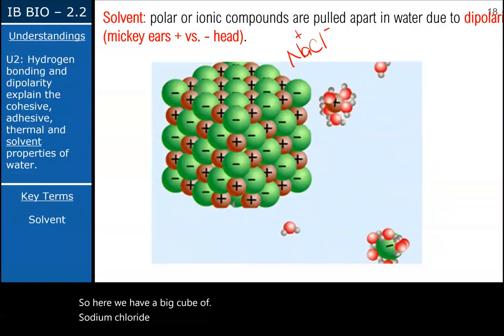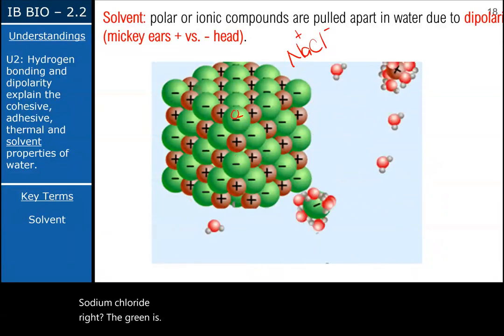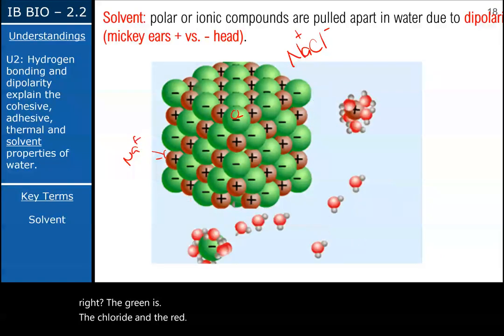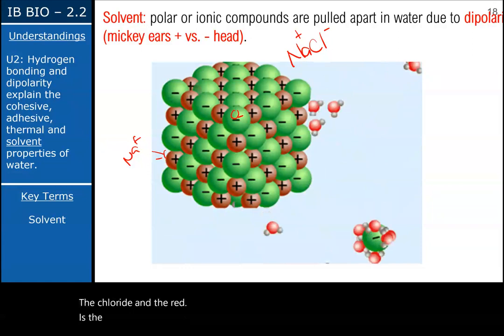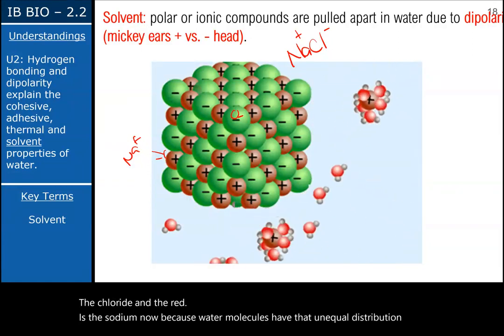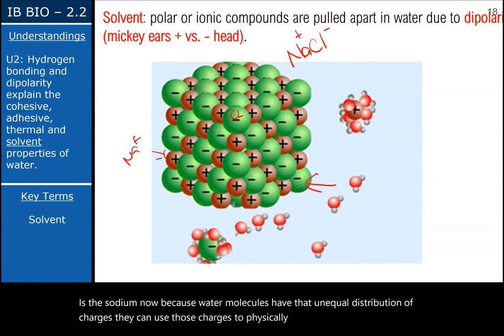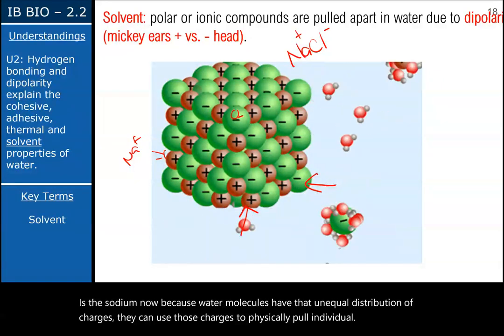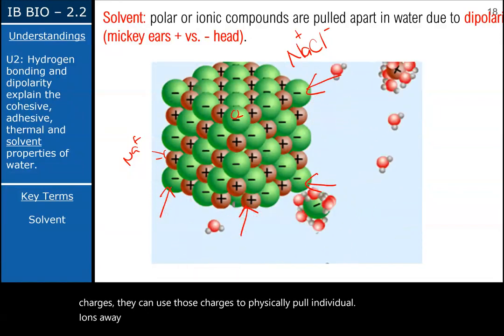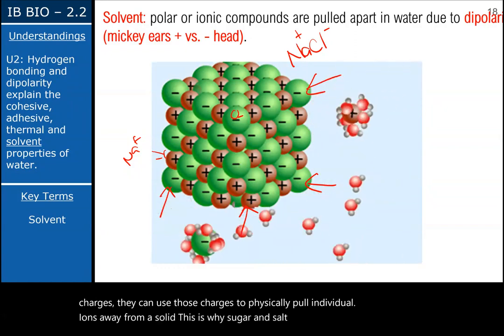The green is the chloride, and the red is the sodium. Now, because water molecules have that unequal distribution of charges, they can use those charges to physically pull individual ions away from a solid. This is why sugar and salt and other things dissolve in water.